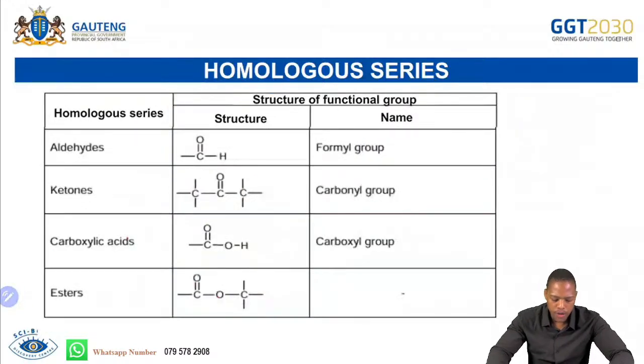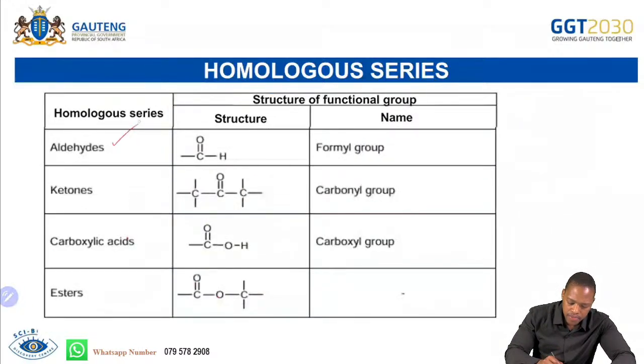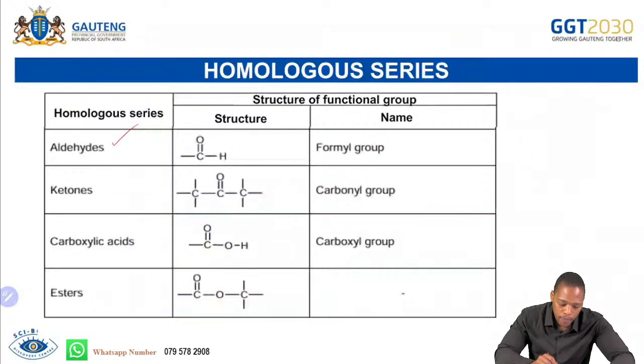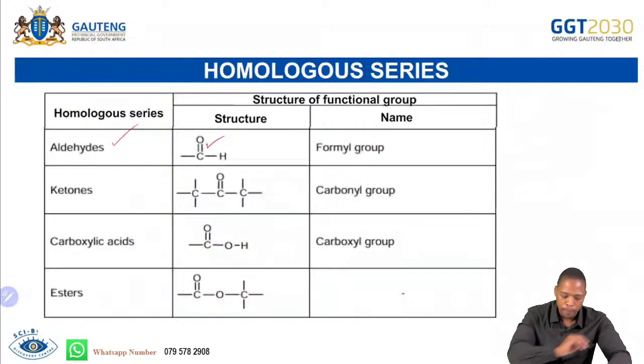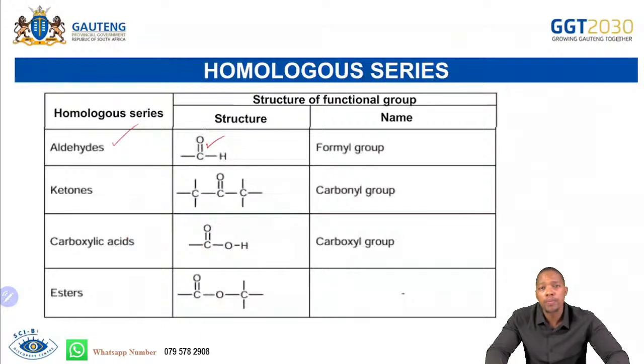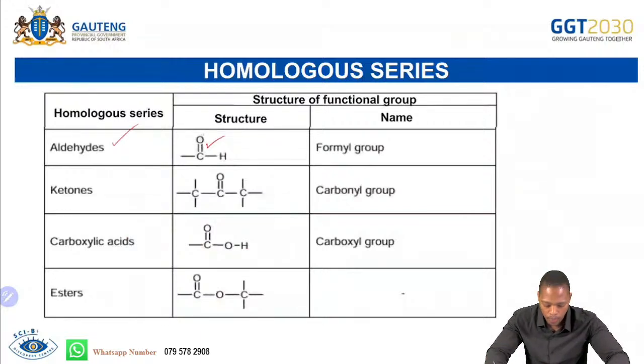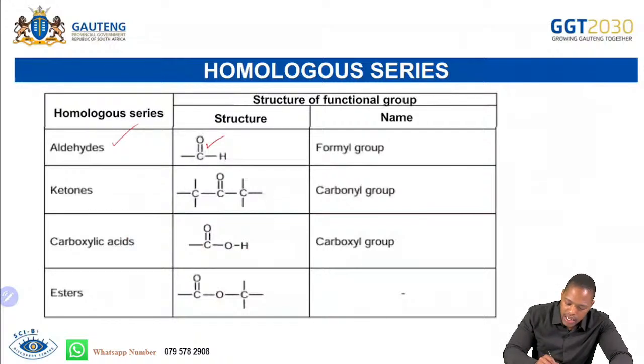Okay, as we continue, the next one is aldehydes. And how do we see aldehydes? Well, in aldehydes, we are going to have a carbon bonded to an oxygen, but there will be a double bond. I hope you now see the difference. And this oxygen will not be bonded to another hydrogen. And this carbon that is bonded to oxygen will always be carbon number 1.